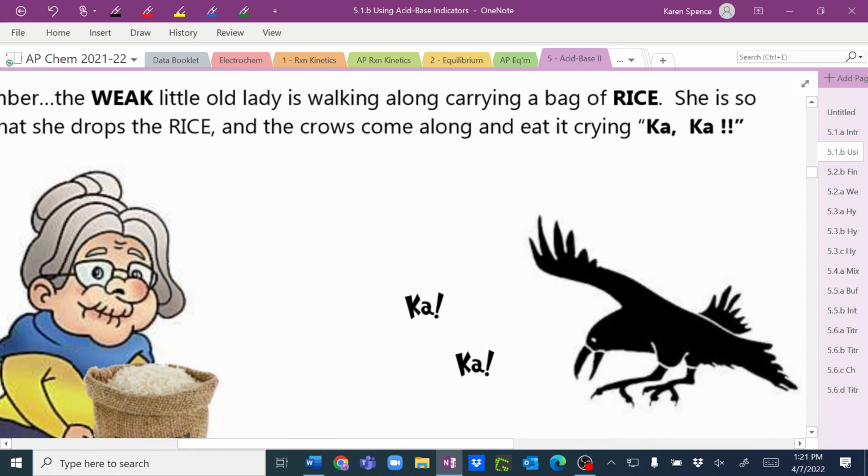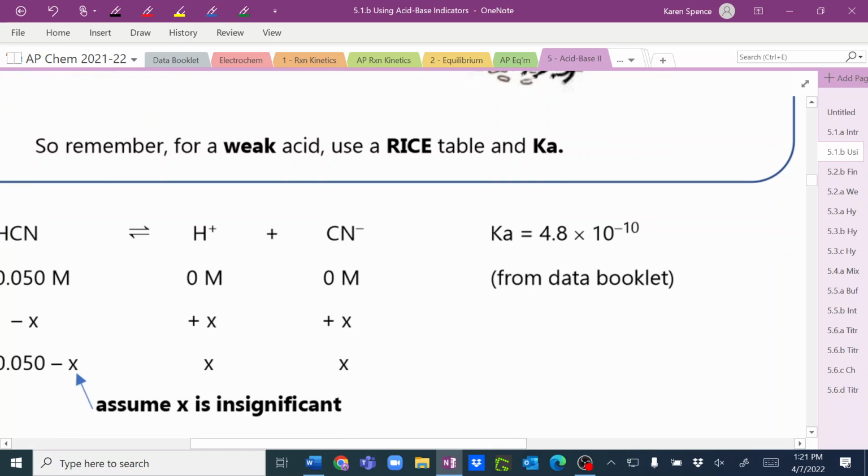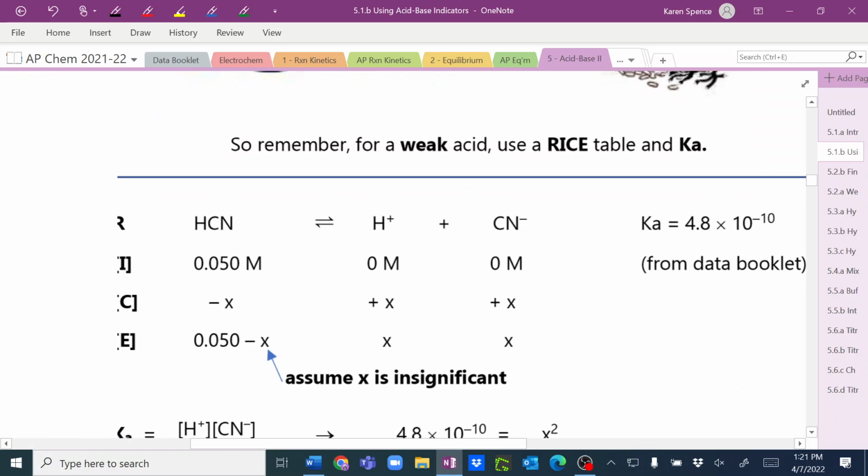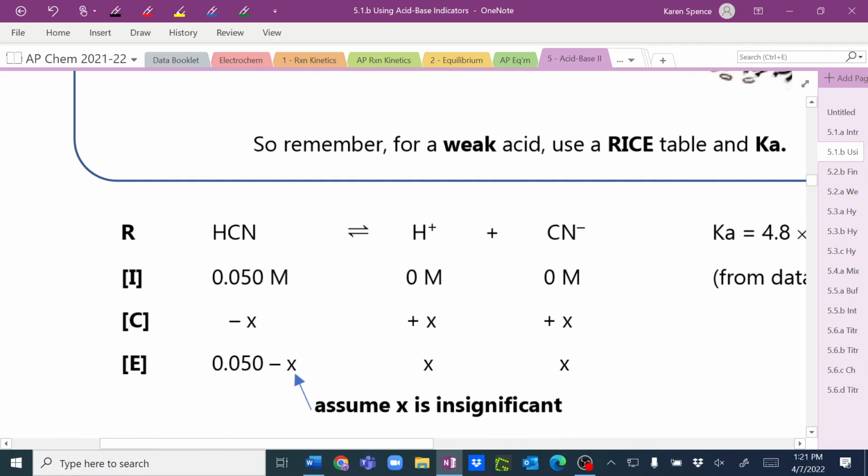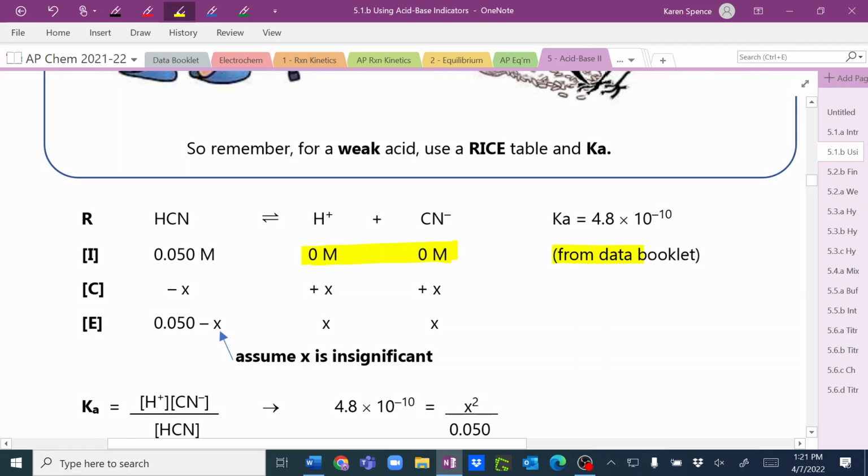So we'll plug that into our RICE table. What are the initial concentrations of the hydrogen ion and the conjugate base always? 0. Okay, those are always 0. Where are you going to get your Ka value from? You'll get it from the data booklets.